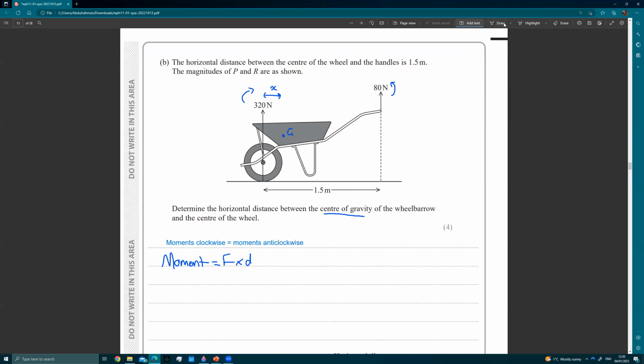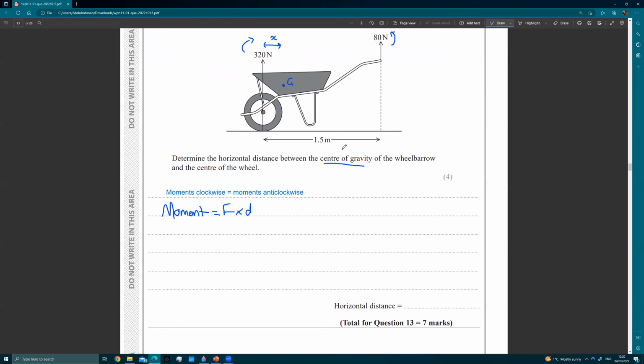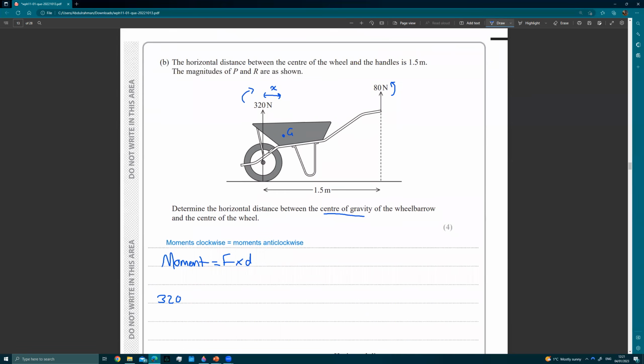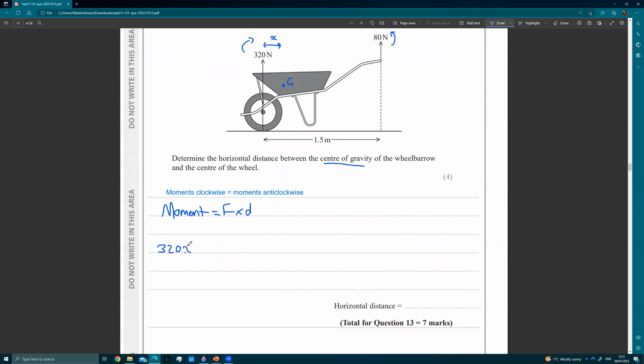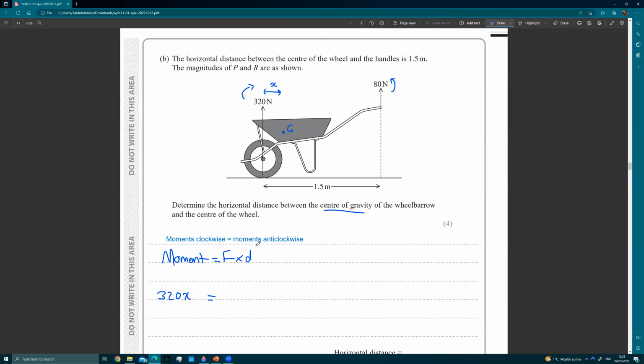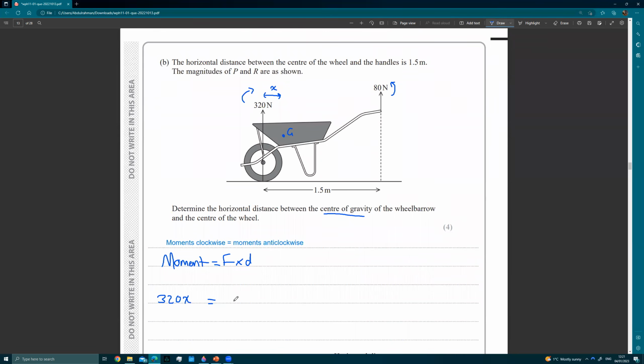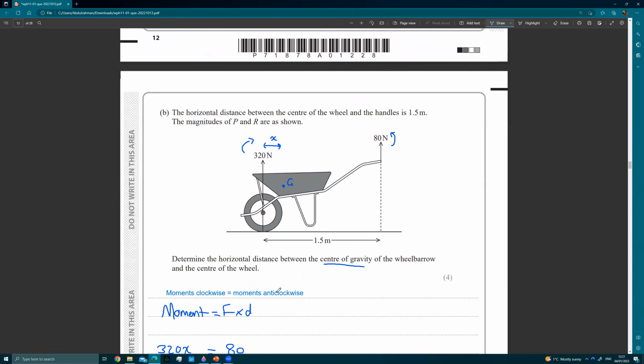Then let's consider what is my moments clockwise. Well, I have the force, which is 320 newtons, multiplied by the distance, which is X, so 320X. And that's equal to my anti-clockwise moment, which is the force 80 and the distance. But what's the distance from the pivot? I know the entire length is 1.5 meters.